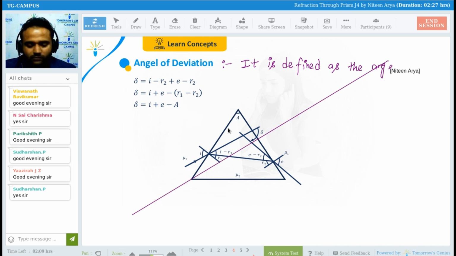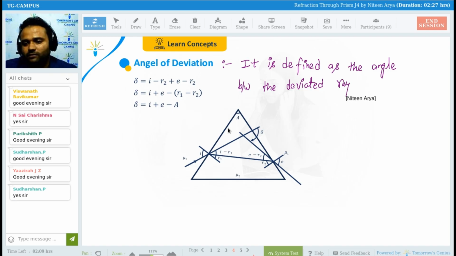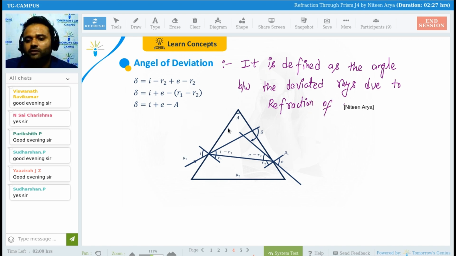It is defined as the angle between the deviated rays due to refraction of the prism.